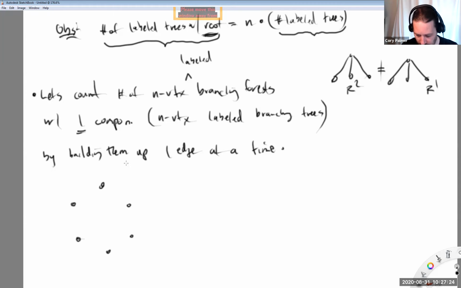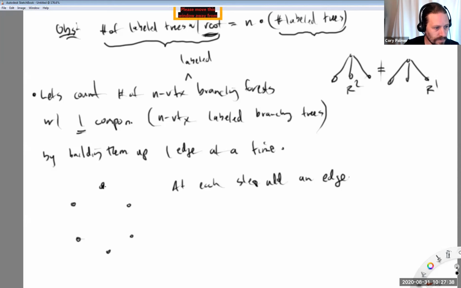So let's start with that many labeled vertices, and at each step, add an edge, okay? And so let me explain what's going on here. In this first step, this picture is a branching forest, right? How many components are in this?